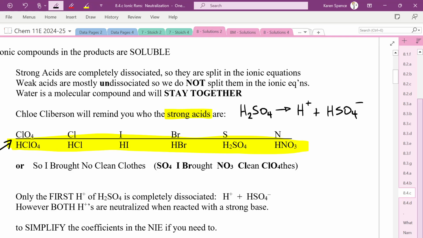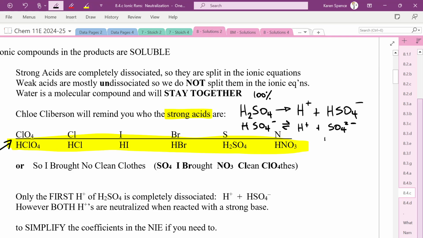There is a second dissociation. The first dissociation is strong, it's 100%. The second dissociation, HSO4 minus goes to H plus and SO4 2 minus.